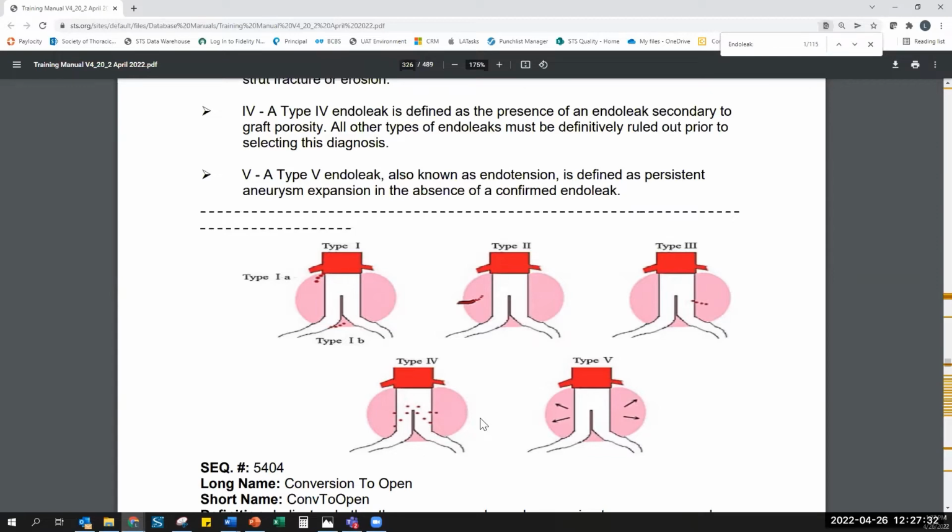So again, you definitely need surgeon involvement to help you determine the endoleaks most often, because the types, unless it's pretty straightforward, are not always clearly documented. So again, if you can encourage your surgeons to use the aorta worksheets, that would provide you with much more information.